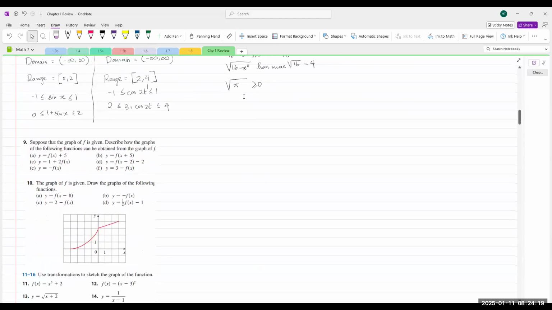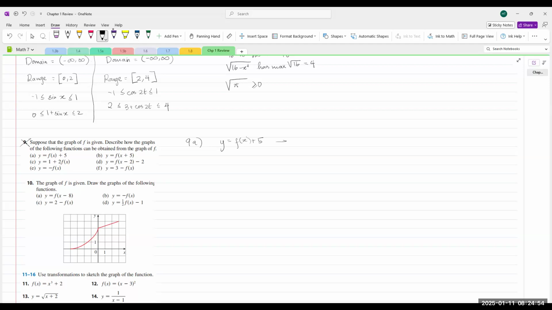Number 9, suppose the graph of the function f(x) is given. Describe how the graph of the following function can be obtained. Now, this is not my type of question that I put in the test, but let's review a bit on how we obtain the new graph from a given graph. For 9a, y equals f(x) plus 5. What does this graph have to do with the original graph of f(x)?